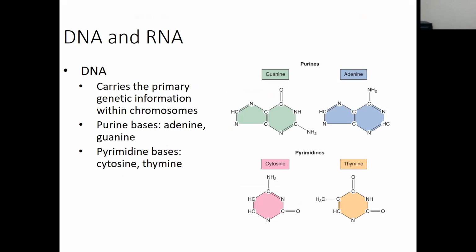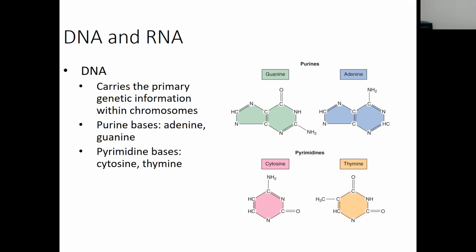Three of these are common for DNA and RNA, and there's one that's not common for RNA. Right, yeah, it's the T. All right, thymine. Okay, so we'll get back to that a little bit.